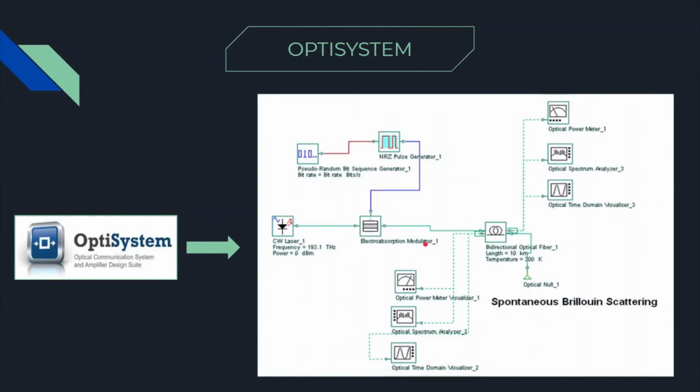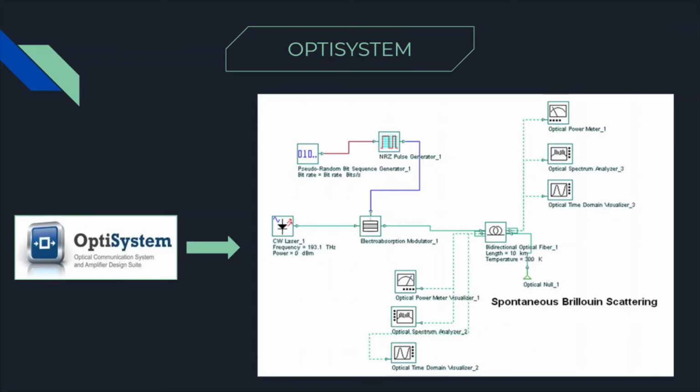You can see that I use a laser as a source for this sensor, and it is connected to the modulator to create the pulse input. In order for the modulator to work properly, these two generators are connected to the modulator. For the optical fiber, the length that I use is around 10 kilometers, and the normal temperature of this optical fiber is 300 Kelvin.